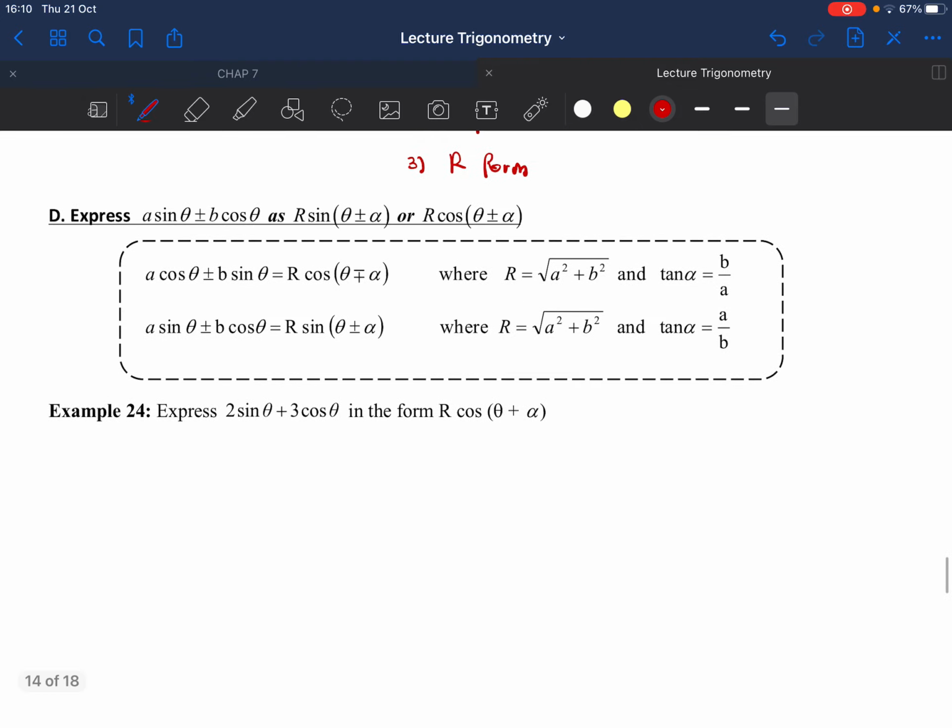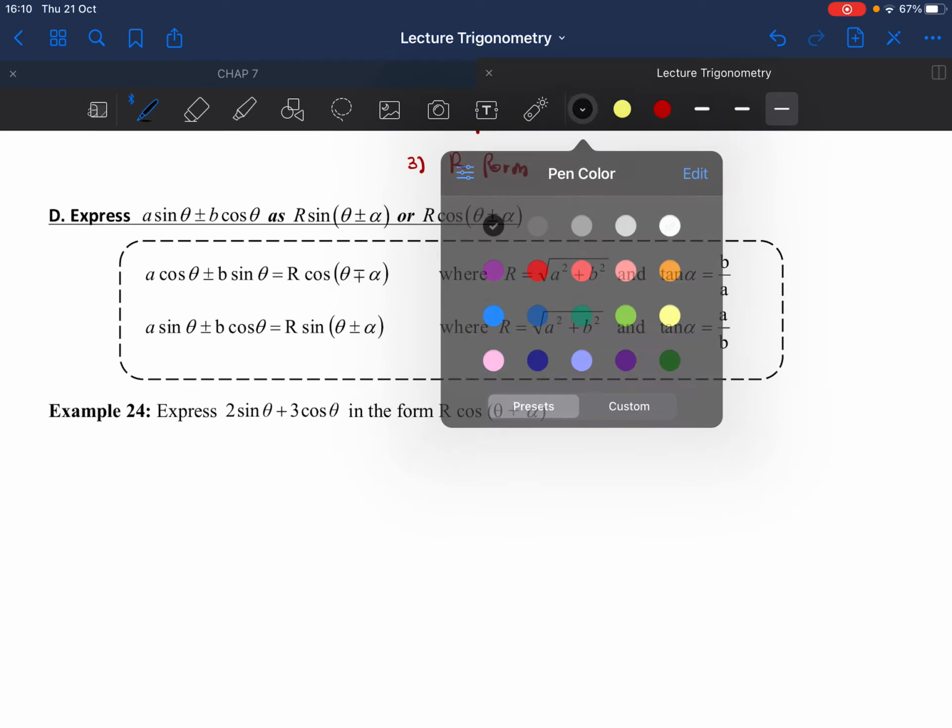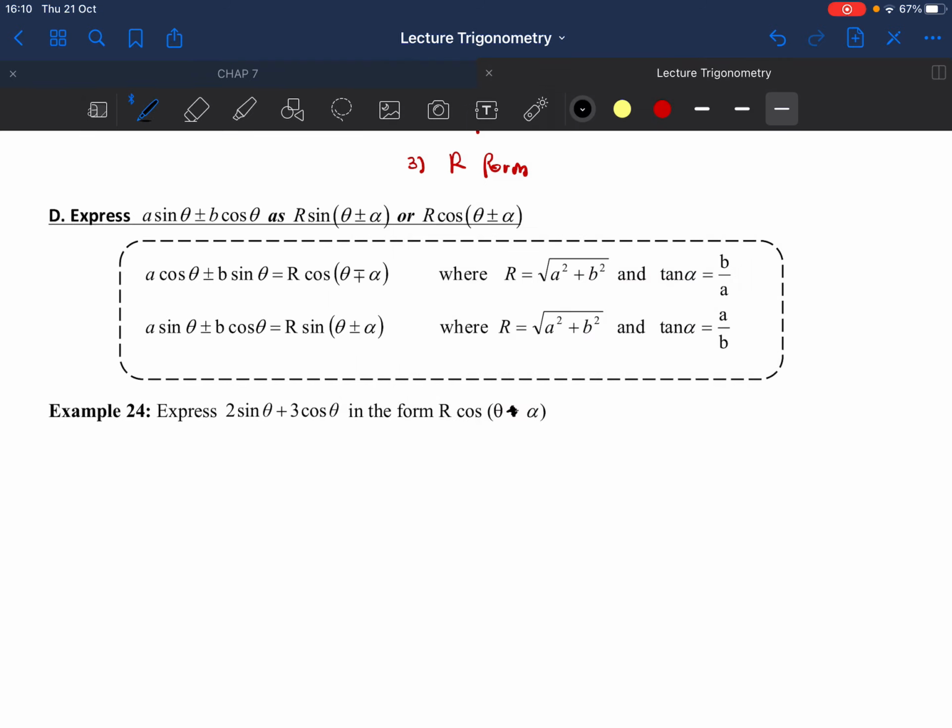Okay, so let's just go straight to the first example. Example 24, kita ada express 2 sin theta plus 3 cos theta in the form R cos theta minus alpha.